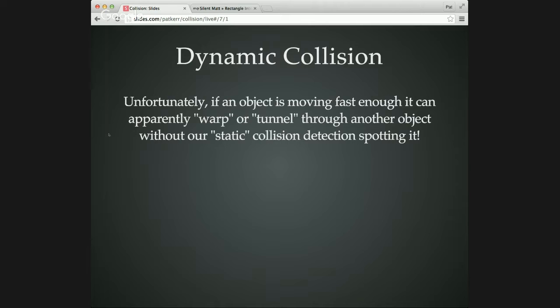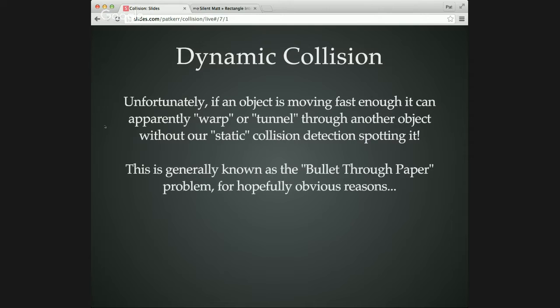For example, you've got a thin wall and someone running very fast, then they might theoretically move from being on one side of the wall to the other straight away. And neither of those positions would be colliding with the wall. They would just warp through it. They would kind of quantum tunnel through it. And a static collision detection system, one that simply checks for overlap of final positions, would not spot that. And that would be a problem.